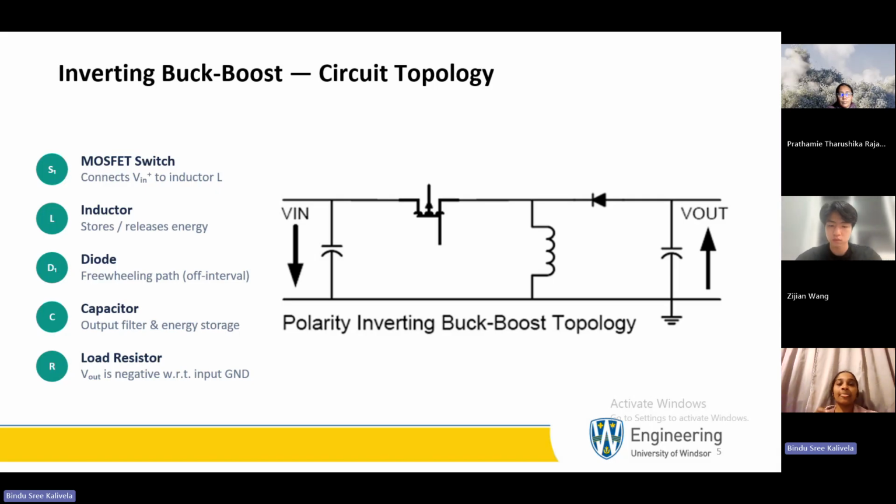The diode provides a path for current when the switch turns off. The capacitor filters the output and reduces the voltage ripple. The load resistance represents the connected load. In this topology, the output voltage is negative with respect to the input ground, which is why it is called an inverting buck boost converter.